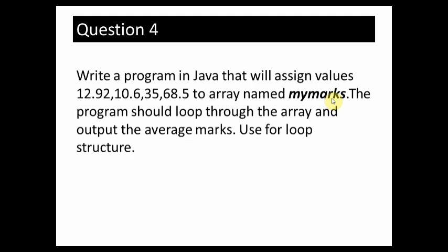And then of course we are going to need to loop through that particular array. For us to get the average, we need to get, first of all, the sum of all values within that particular array, and then we can divide it by the number of items we have in that particular array. And then of course we're going to use for loop.